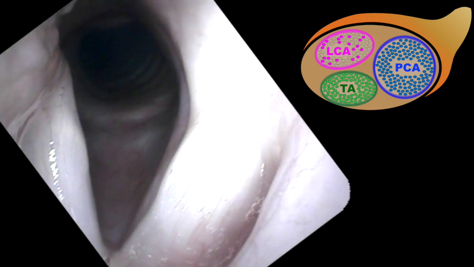And this is another great view of how on the right side the vocal process is rotating and leading the closure, while on the left side it is not rotating and it's being dragged towards the middle.